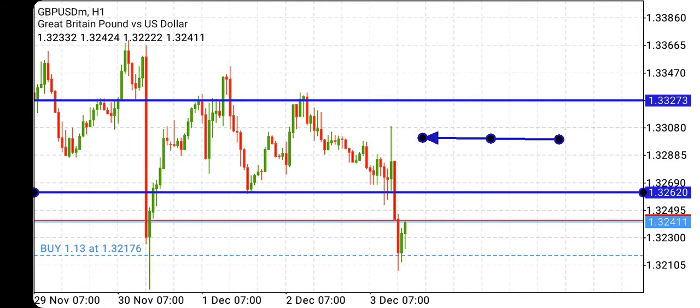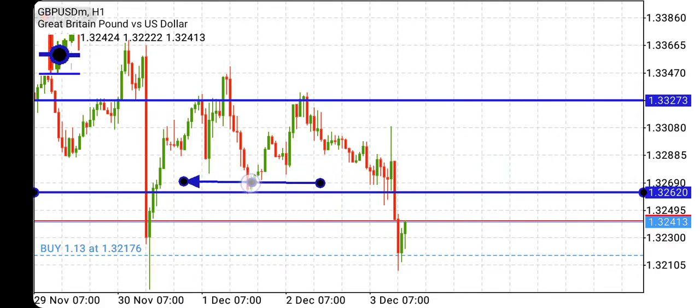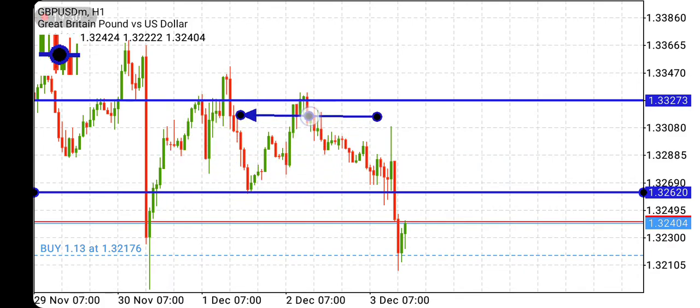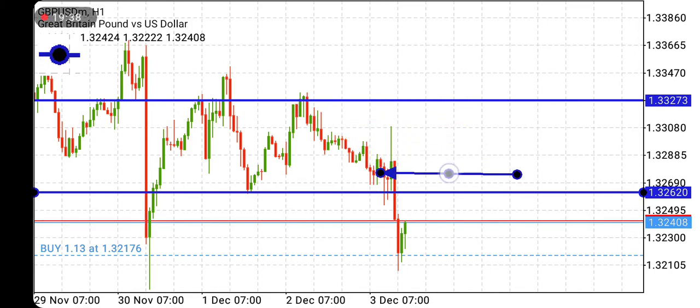Just as it happened over here, when it gets to this place, it came down. This one has defied the logic. When it gets to this place, which is the support, it went up. When it gets to this place, it came down. But you realize that when it gets to this place, instead of going up, there are weak rejections over here.